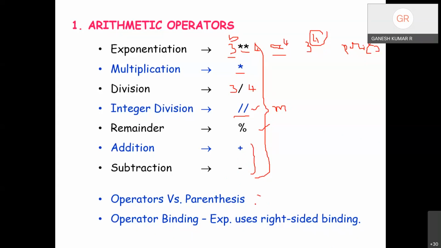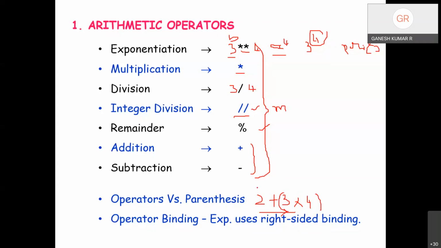Generally, 2 plus 3 is an expression which will be evaluated from left to right. In case we would like to have a precedence, I mean priority, for example, 2 plus 3 into 4, and when it is enclosed between parentheses, the expression in parenthesis form will be given higher priority.